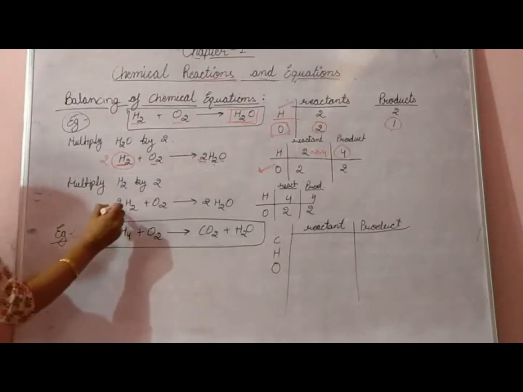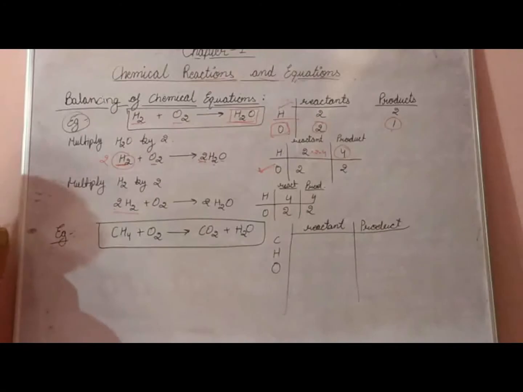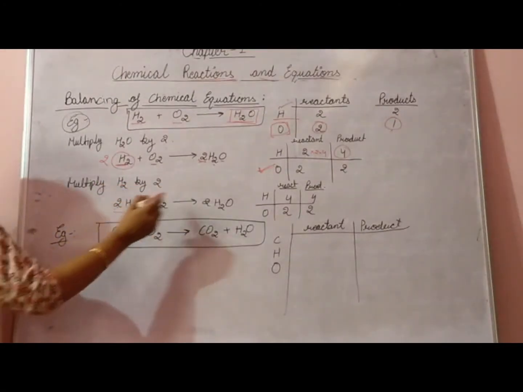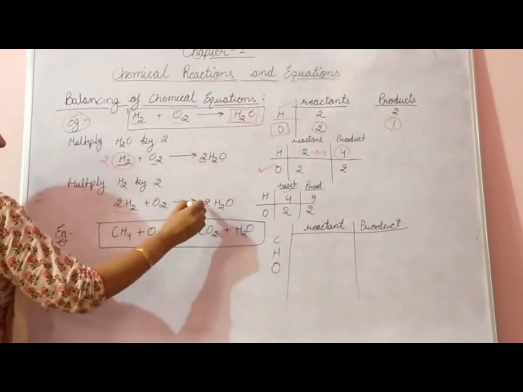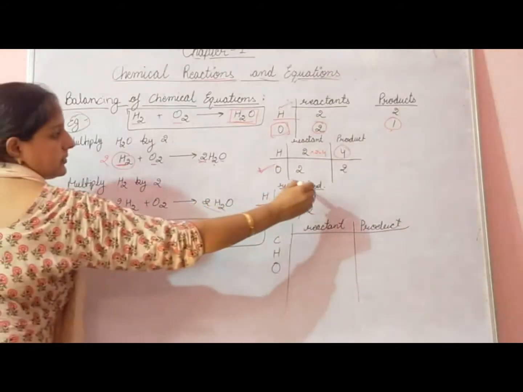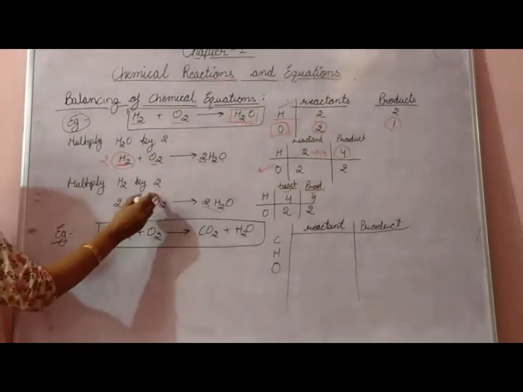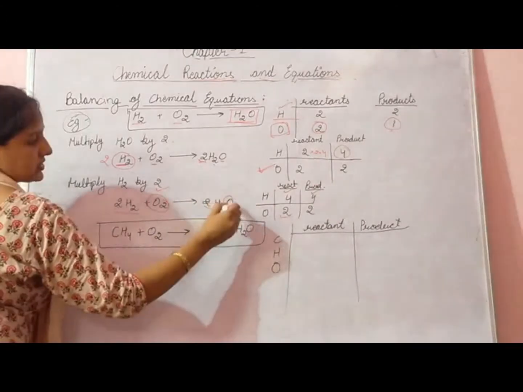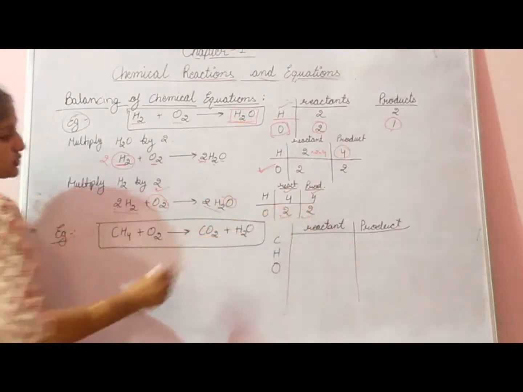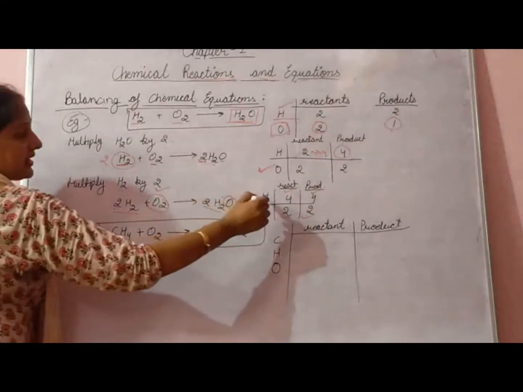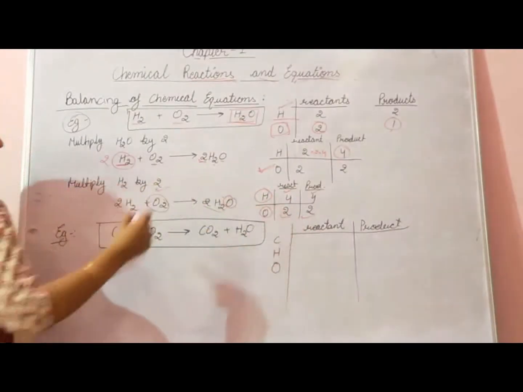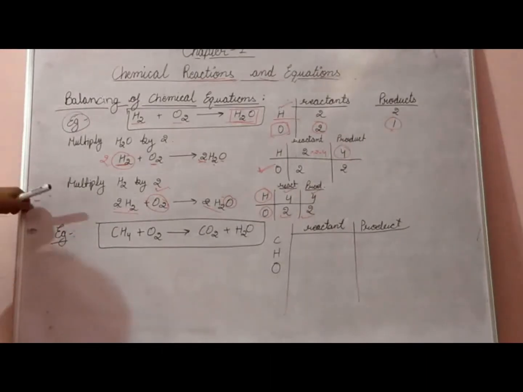Now let's compare again. Hydrogen atoms are 4 at the reactant side and again 4 at the product side. Oxygen atoms are 2 at the reactant side and also 2 at the product side. So now the number of atoms at the reactant side and at the product side are the same. So now this reaction is balanced.